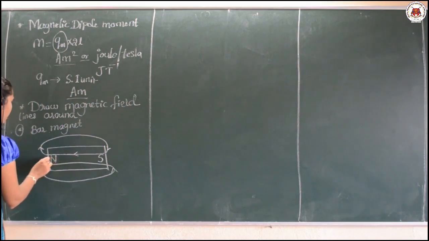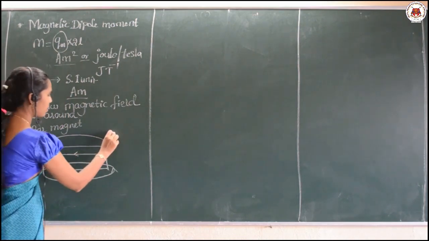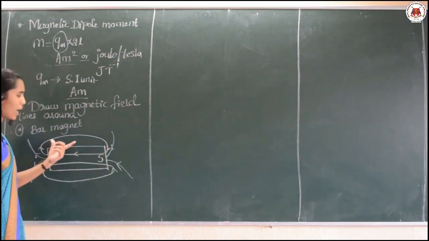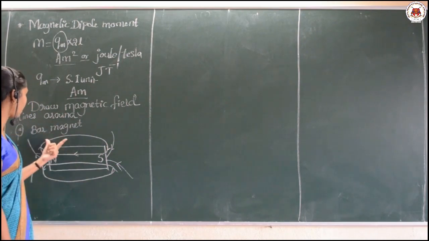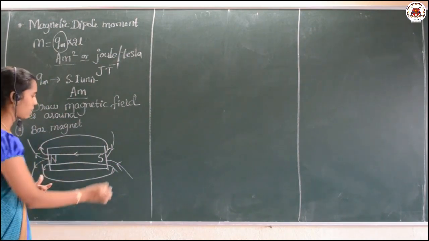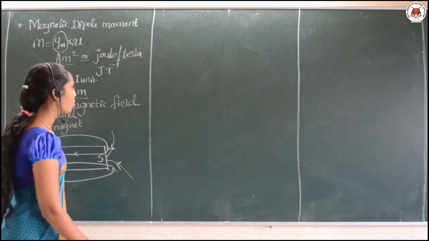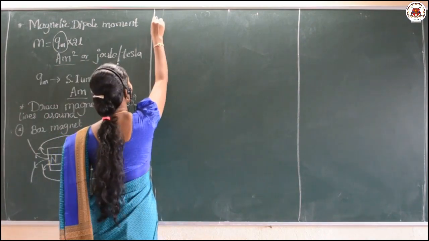I have shown you this already, okay? And this is the representation of the magnetic field lines around a given bar magnet. This arrow mark plays a very important role. Then what about the second one?